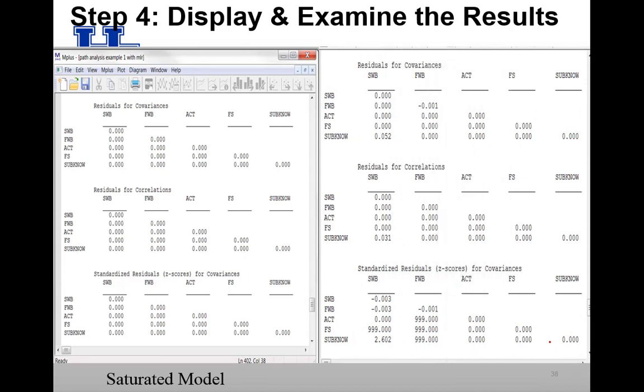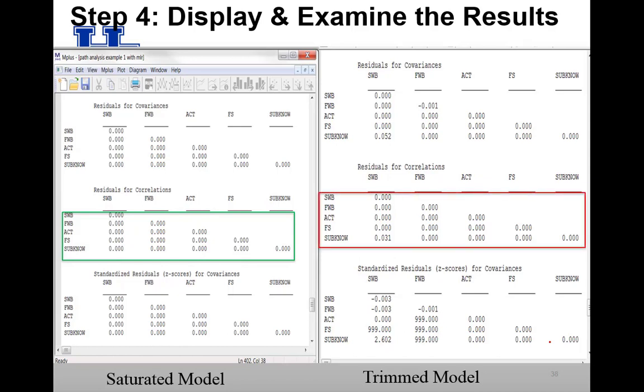And then we want to take the final look at the standardized residual correlations. Before, we had all 0 residual correlations. Right now, we have mostly 0, but with one little exception here, between overall life satisfaction and financial knowledge, of 0.031.